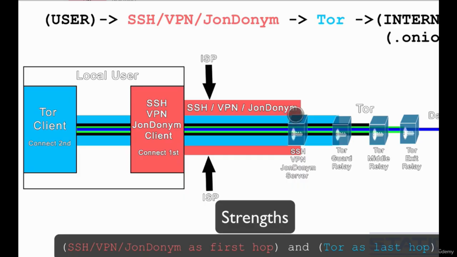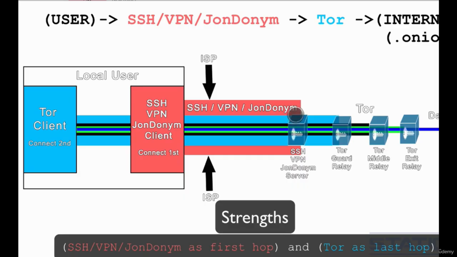They can make a DNS, and the SSH, VPN, and JonDonym client reaches correctly with the help of making DNS, and it can kill the connection over SSH, VPN, or any of these layers like Tor guard relay, Tor middle relay. And lastly, the VPN provides SSH or VPN JonDonym.